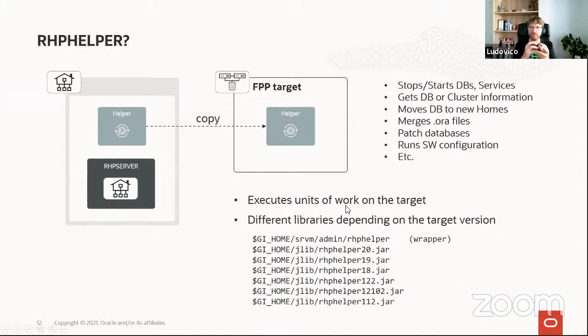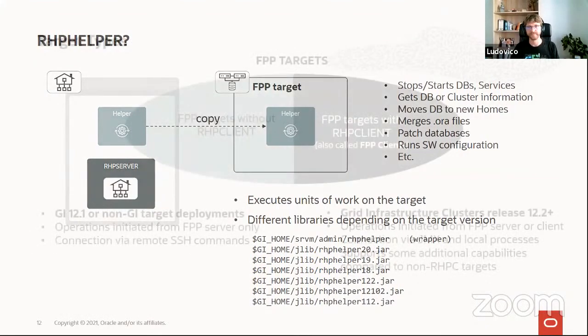Those units of work are encapsulated and executed, and they are atomic and always consistent because they're always the same for that specific version. And then FPP, in the Java container logic, contains all the different units of work that must be executed in a specific order so that your operations are always successful.